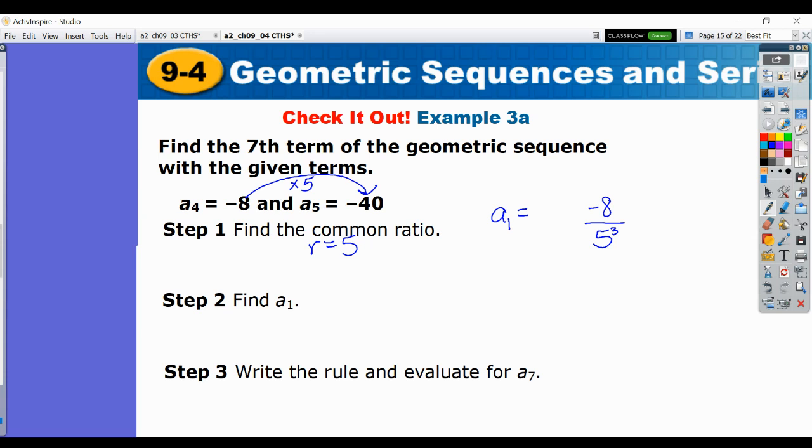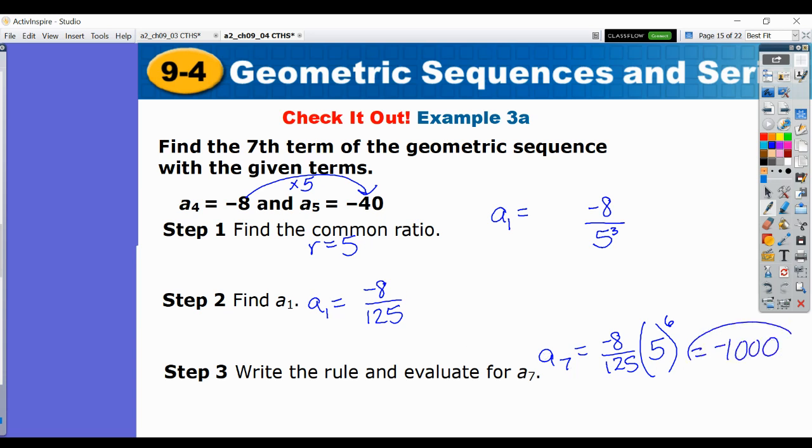So negative 8 divided by 5 to the 3rd is a decimal, and I'm going to write it as a fraction, negative 8 over 125, because that's 5 to the 3rd. And then the rule for a_7 would be the 1st term times the common ratio to the 6th power. So I'm going to take what I had from my last problem and do times 5 to the 6th power, which is negative 1,000. There's my 7th term.